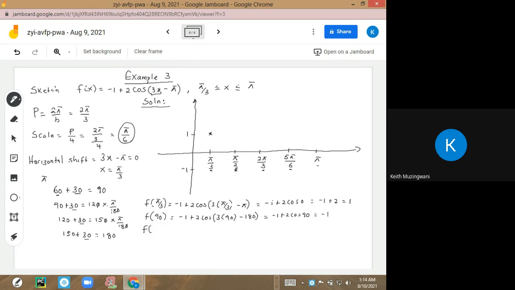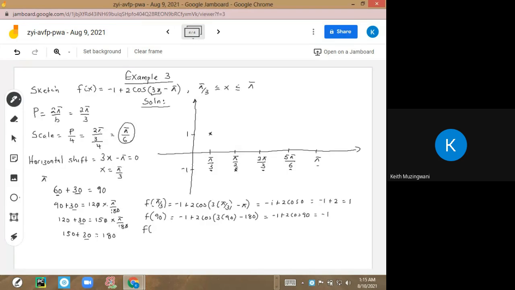We did substitute 60 and we got pi minus pi, which was 0 inside as an angle. And what is cos 0? Cos 0 is 1. So what is 2 times 1? We get 2. 2 minus 1 is 1. Okay, all right, thank you, I see.